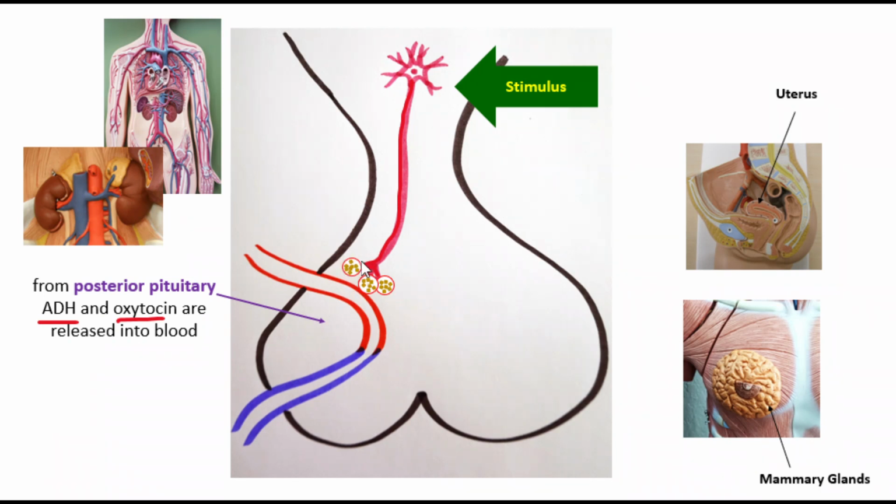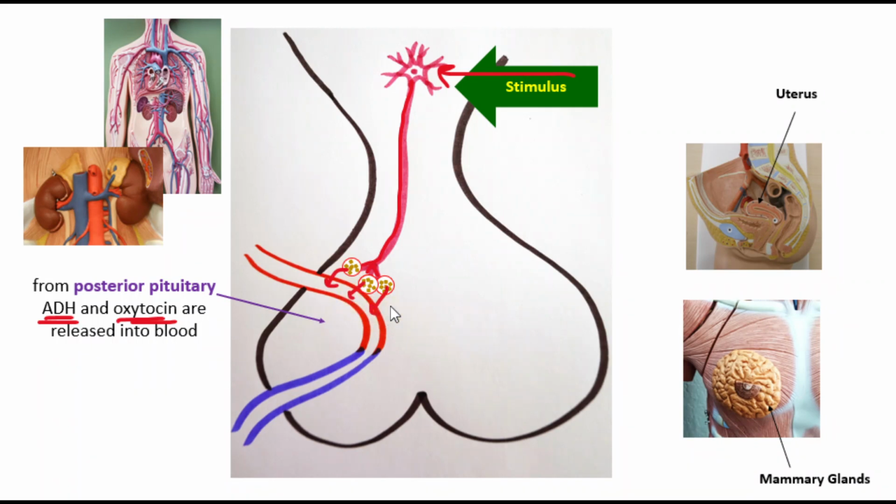And inside the axon terminals, they pack ADH or oxytocin inside some vesicles and store them here in the posterior pituitary. When we have a proper stimulation of the hypothalamus, which we'll learn what are the stimuli in other videos, then the cells that we have release the hormones from their axon terminal into the network of blood vessels that we have in the posterior pituitary.